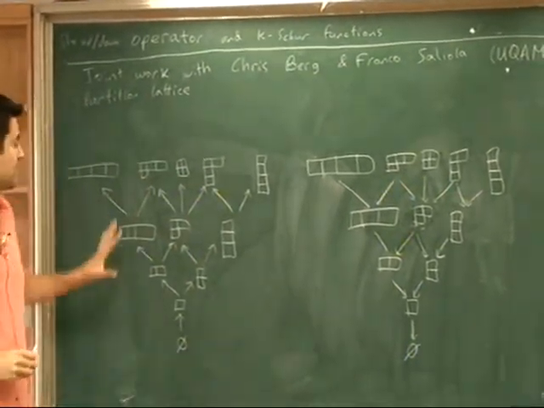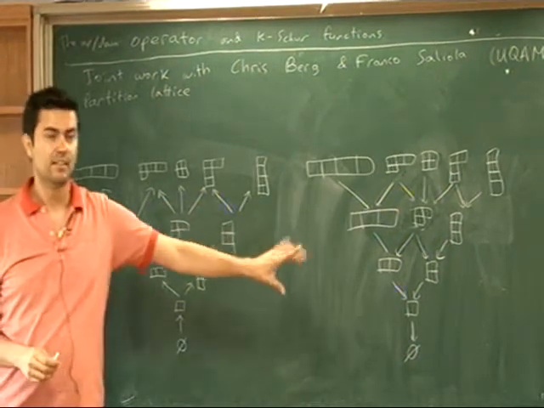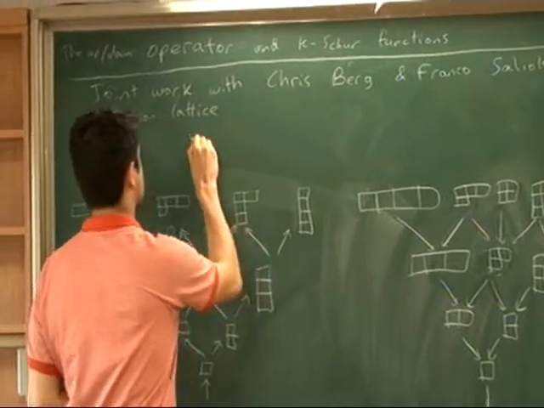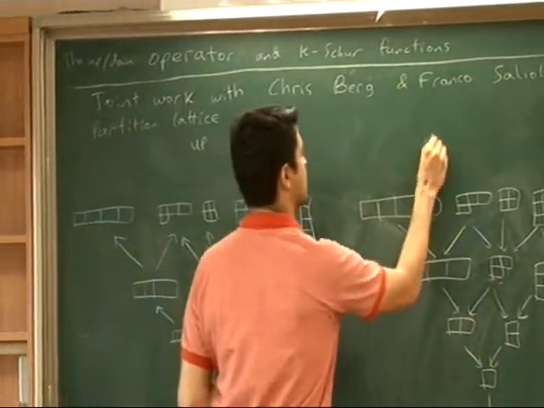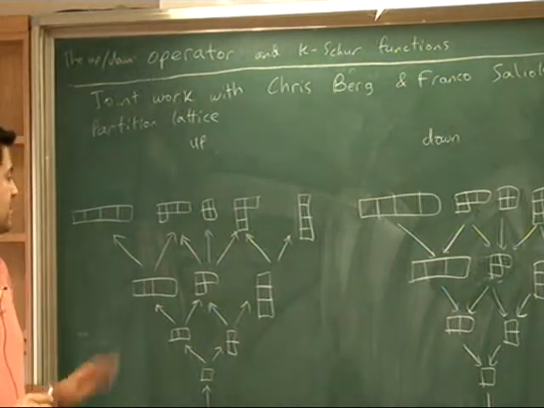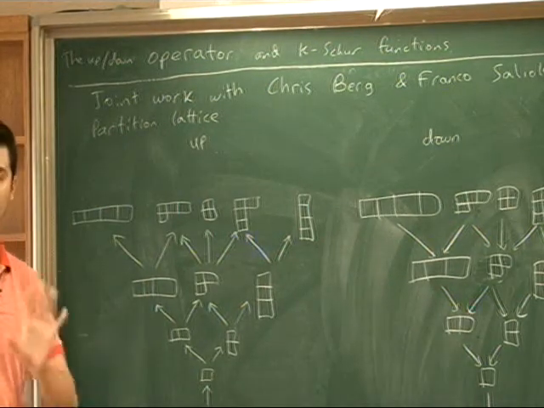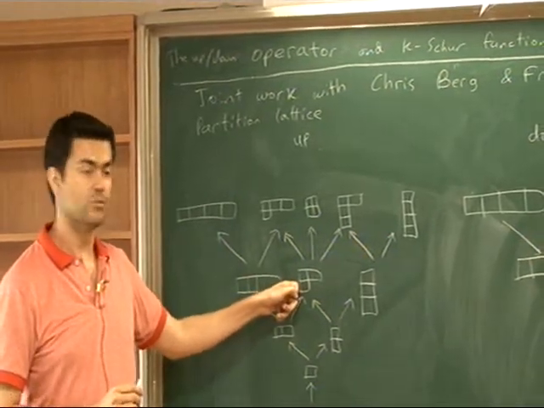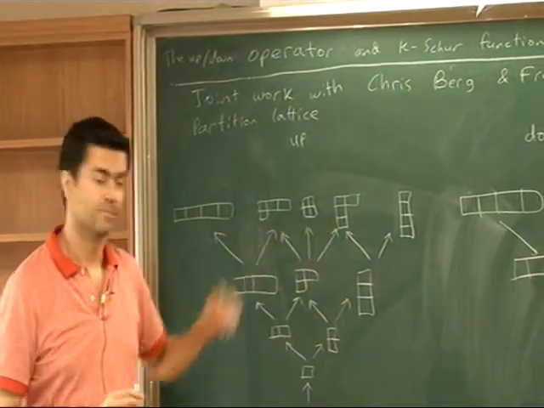Notice that I drew it twice, and this one has arrows going up and this one has arrows going down. So I'm going to call this the up graph and this the down graph. And I'm going to define two operators, up and down. So up takes a vertex and sends it to the sum of everything on top.